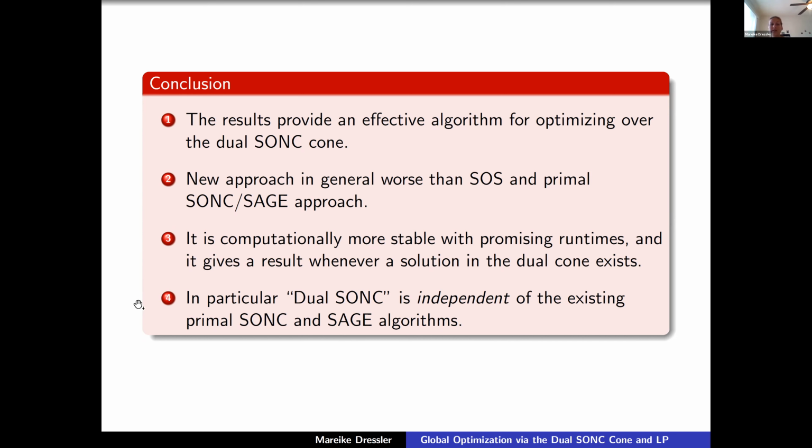And clearly, this dual SONC cone is independent of the existing primal SONC and SAGE algorithm. So it's always important to add new algorithms to our toolbox that we can try for, I don't know, signomials which are not suitable for these other algorithms.